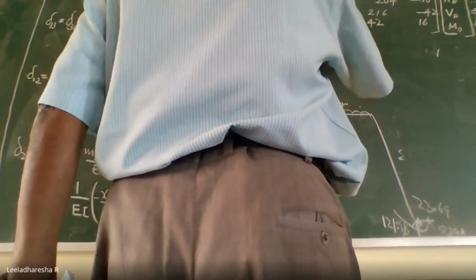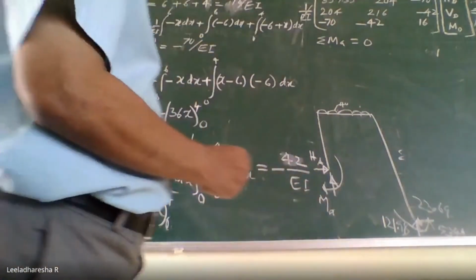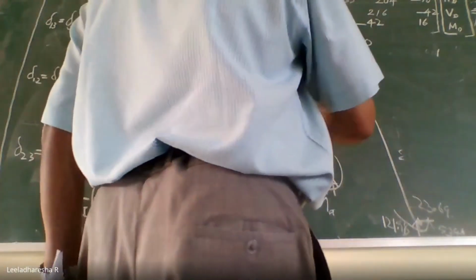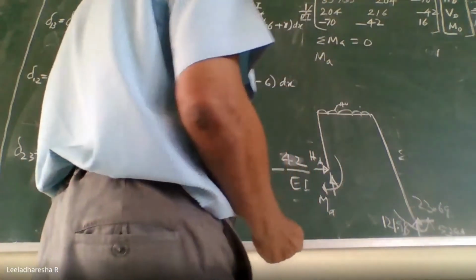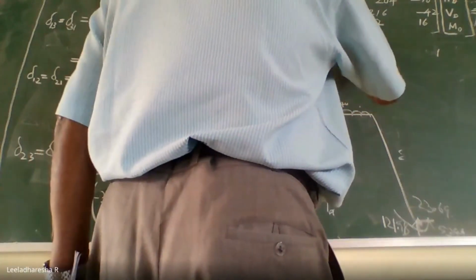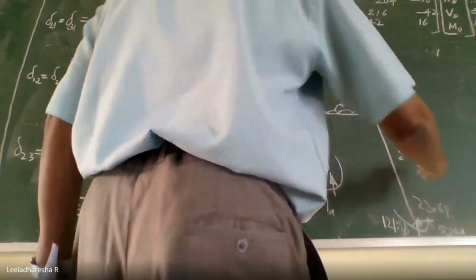So, taking moment about A, equate sigma MA to 0 in this figure. MA, I have taken it as clockwise. I will treat clockwise as positive: MA minus 53.43, that is this moment.